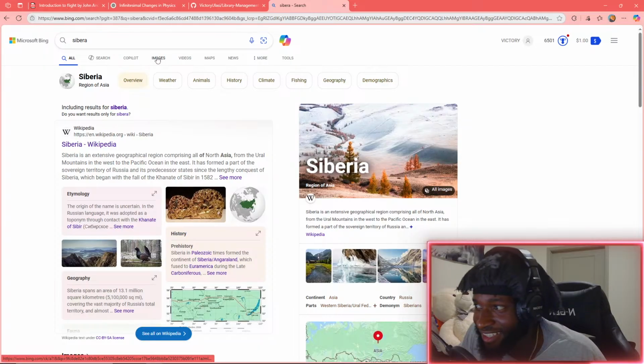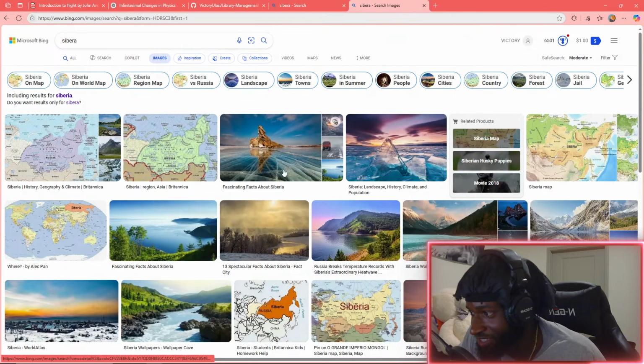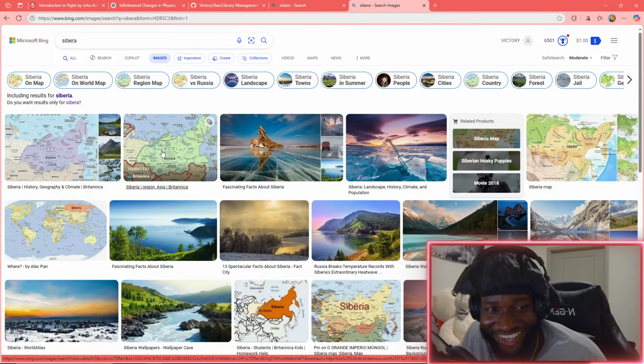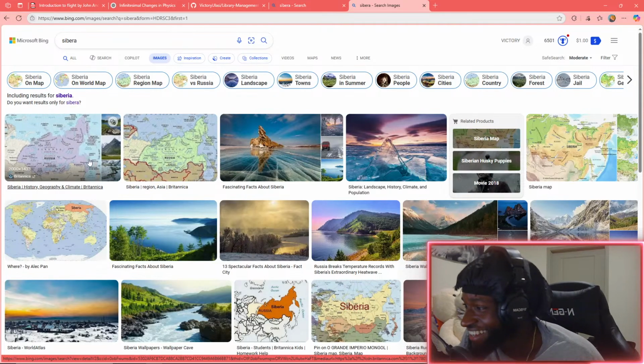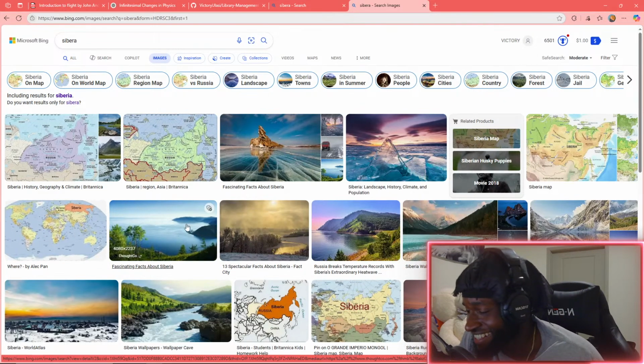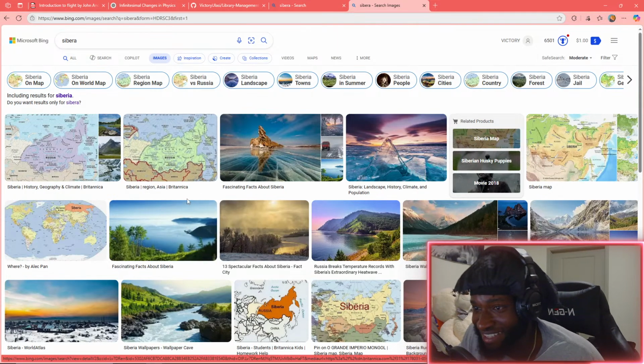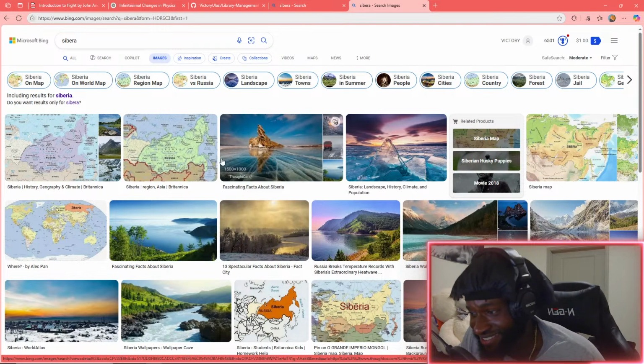In case you can't tell already, America doesn't do a very good job of teaching geography. I mean, I'm not gonna say they don't. They do, but you forget half of that stuff after you leave high school because you never use it.